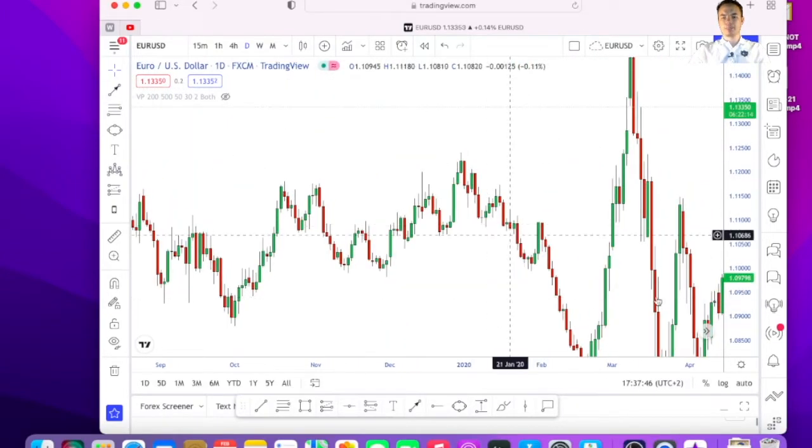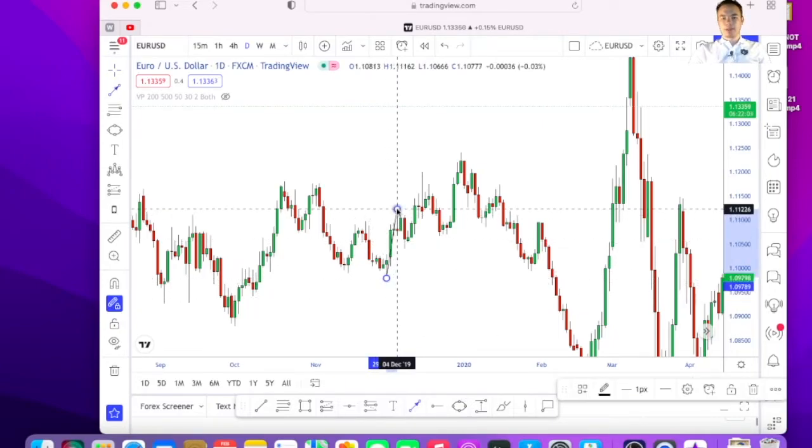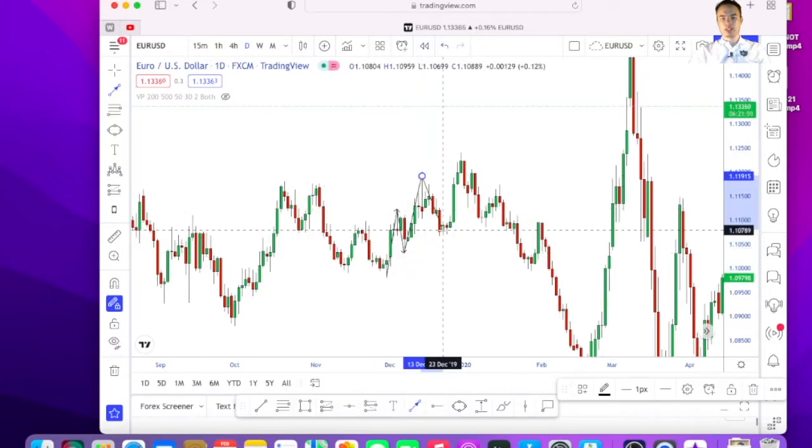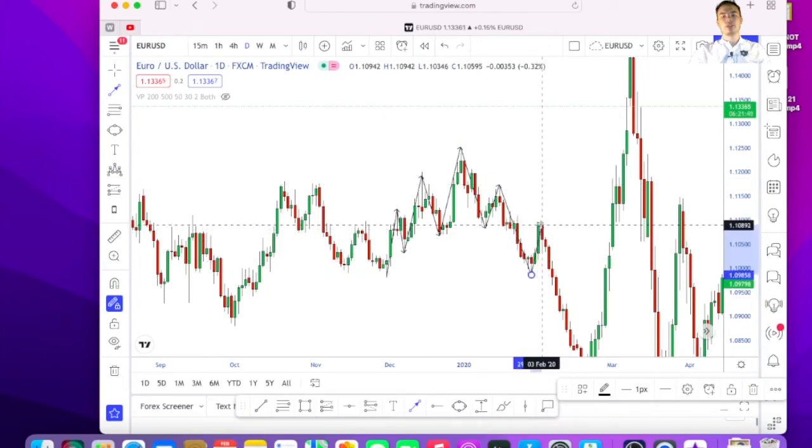Let's say here. So what happens is price makes high, low, high, high, high, low, high, high, high, low, lower high, lower low, retest, sell.